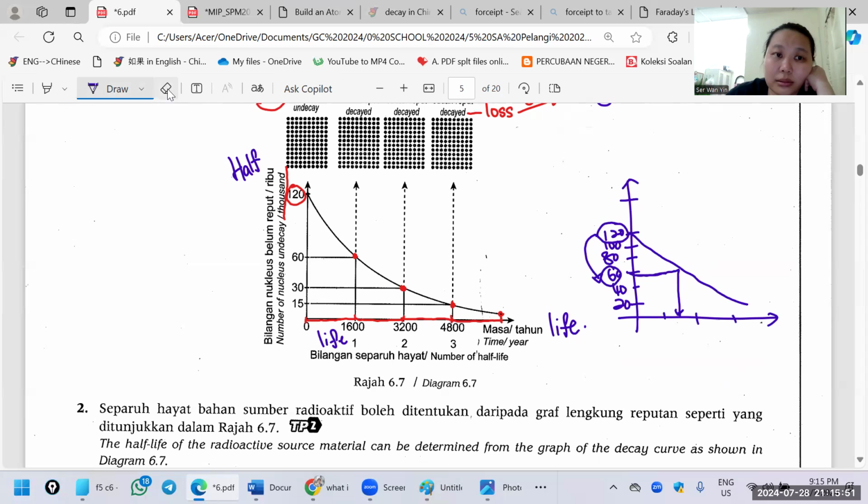Let's say this is 2 hours, 4 hours, 6 hours, 8 hours. So your half-life we write like this. The period of half means the time of half is 3. Let's say this is hours. So 3 hours, right?